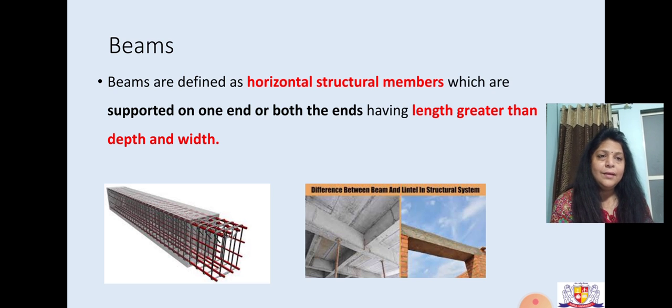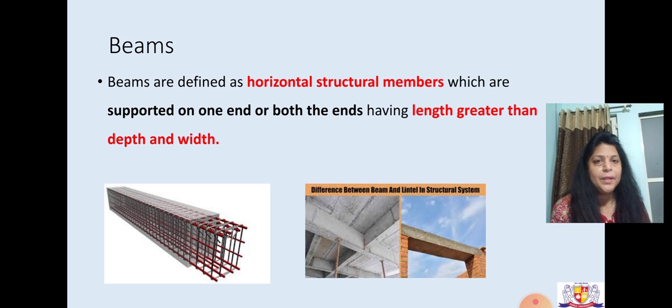Number three, the length of the beam or the horizontal member is greater as compared to depth and width, right? That means beam is defined as a horizontal structural member with its one end or both the ends supported, having length greater than depth and width.